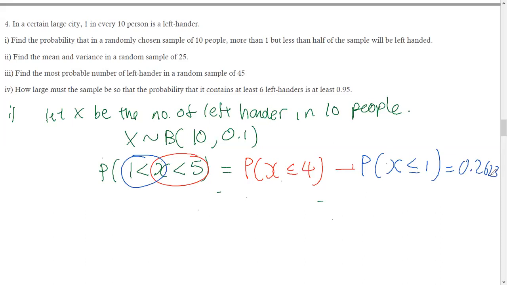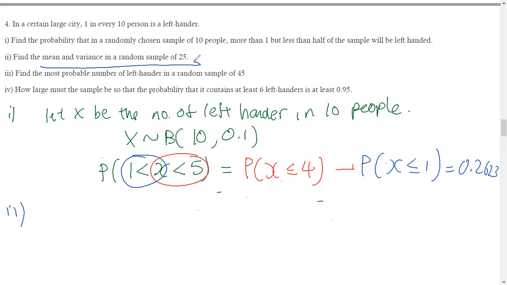Next, move on to part 2. Find the mean and variance of a random sample of 25. With this question, I just want to show you that sometimes the sample size will change. In part 1, the sample size was 10, but in part 2, the sample size is 25.